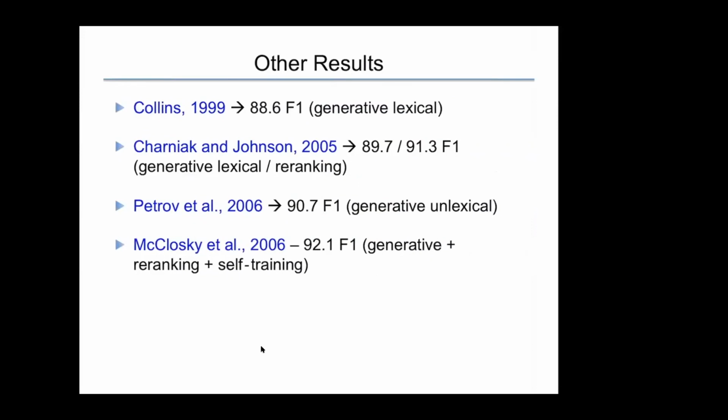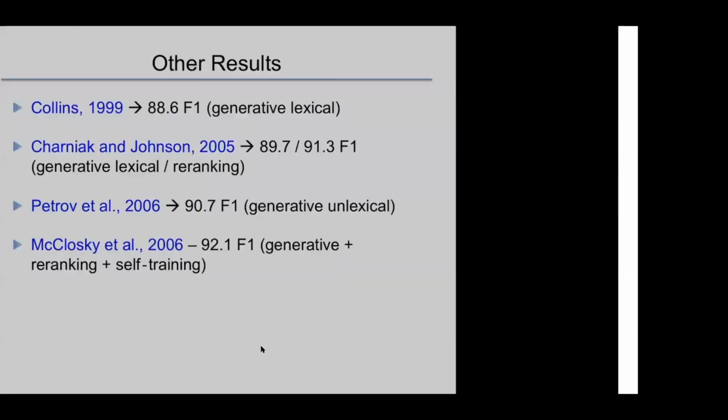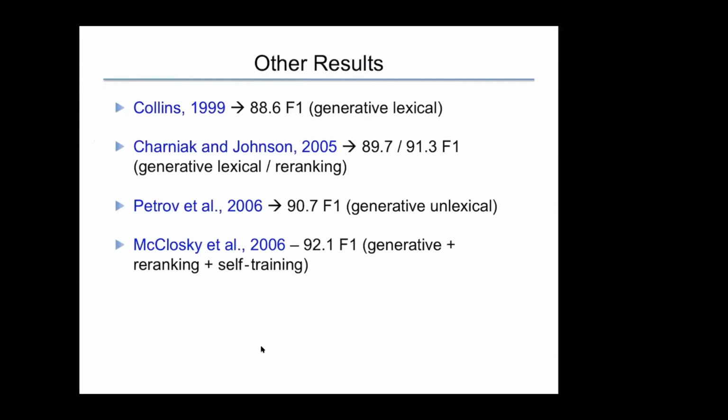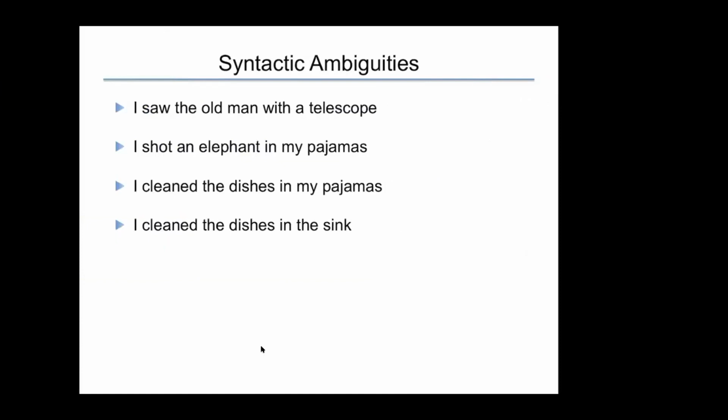In the early days, around 1999, lexical methods got 88.6, and then more recently, around 2005 and 2006, they went up to about 92.1. It's much higher these days if you use neural networks, but hopefully you get the point of how it was approached in the older days.